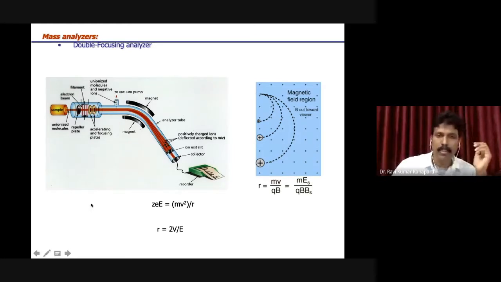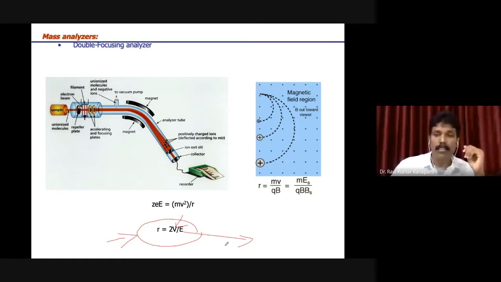The circular path equation can be written, and it is nothing but R = V/E. Please remember, V is the applied voltage for acceleration, and E is the radial field strength that we have applied through the curved electrostatic plates.